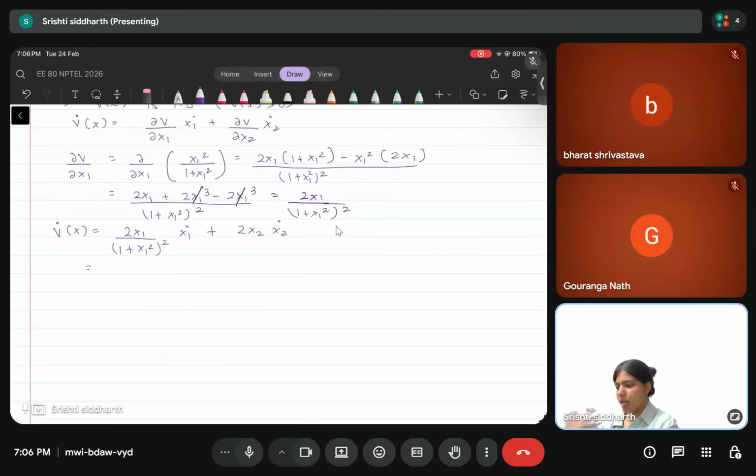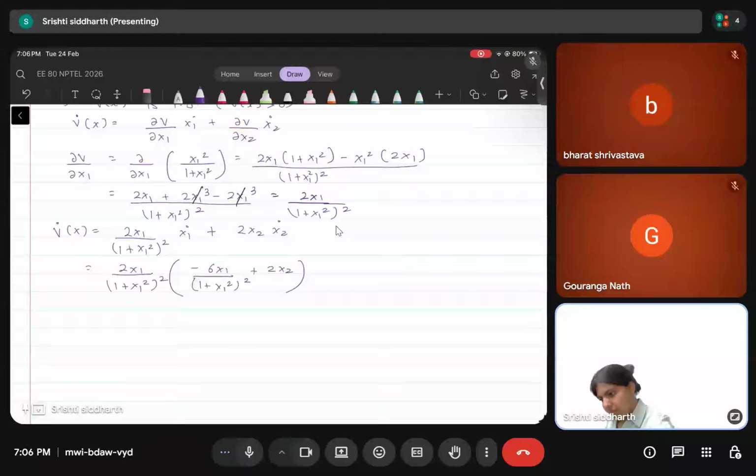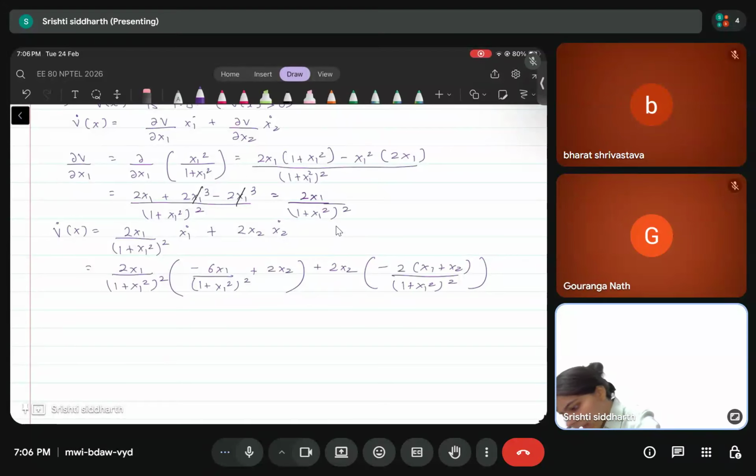So let's write that V dot x. Substitute the dynamics. So this is 2x1 over 1 plus x1 squared, plus 2x2, minus 2 x1 plus x2 and 1 plus x1 squared. So let's just write it in terms of the denominator, because those are positive terms.